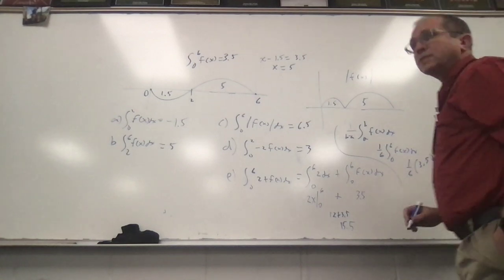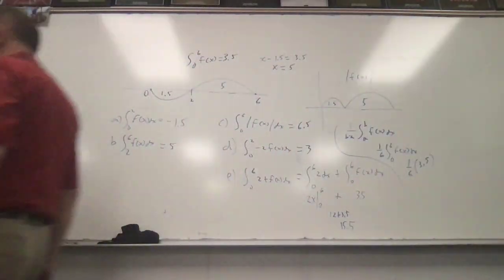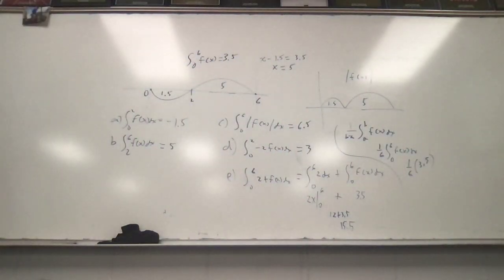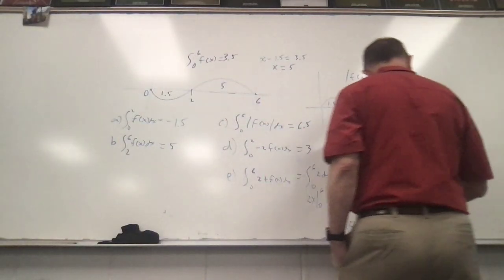And again, as far as the AP test is concerned, you wouldn't even have to do that arithmetic. You could just leave it as 1/6 of 3.5. That'd be 7/12 if you wanted to write it as a simplified fraction.